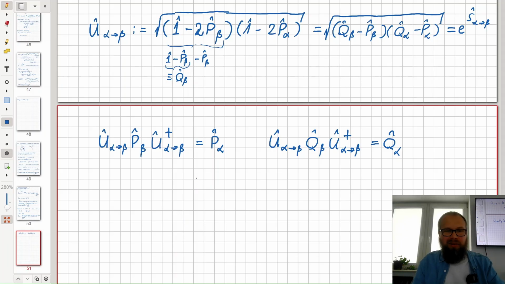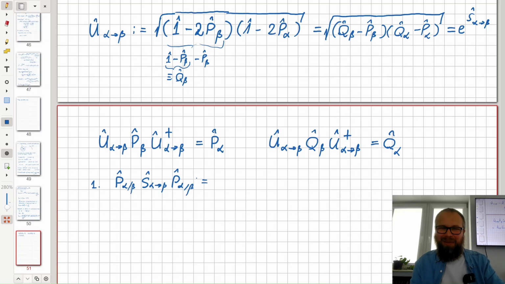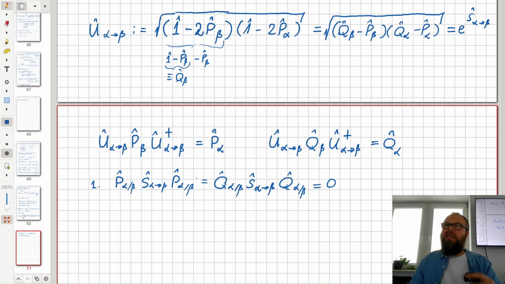And the generator will satisfy two things. For one, we'll have block diagonalness, if this is even a word, probably not: P alpha or beta times S alpha to beta times Q alpha or beta equals 0. So only the block off-diagonal elements are non-zero.